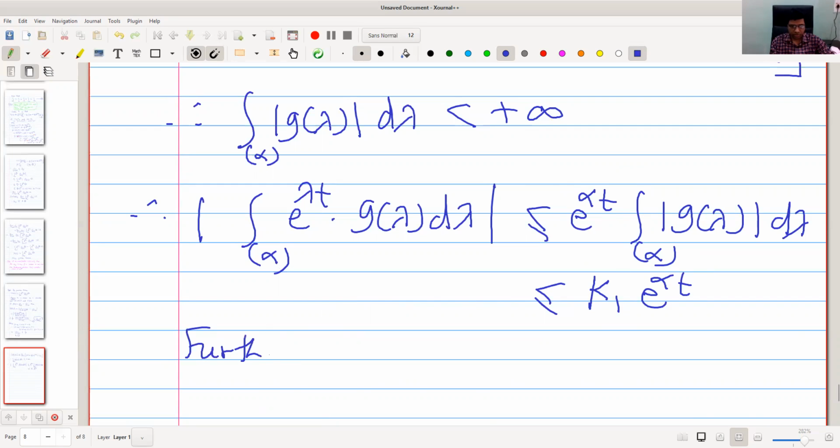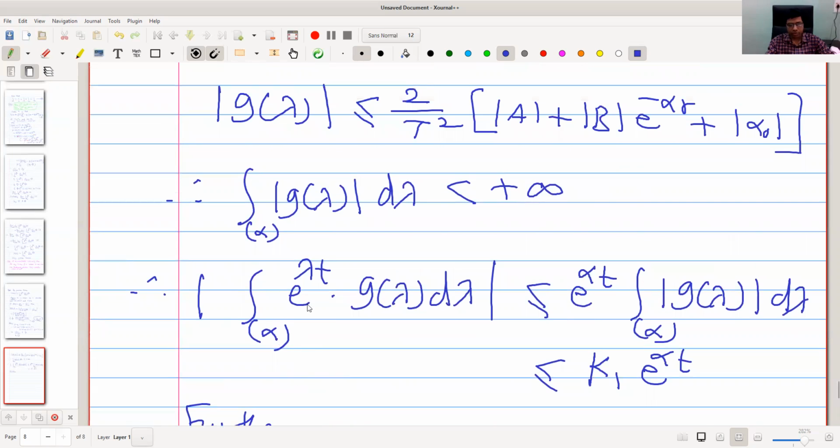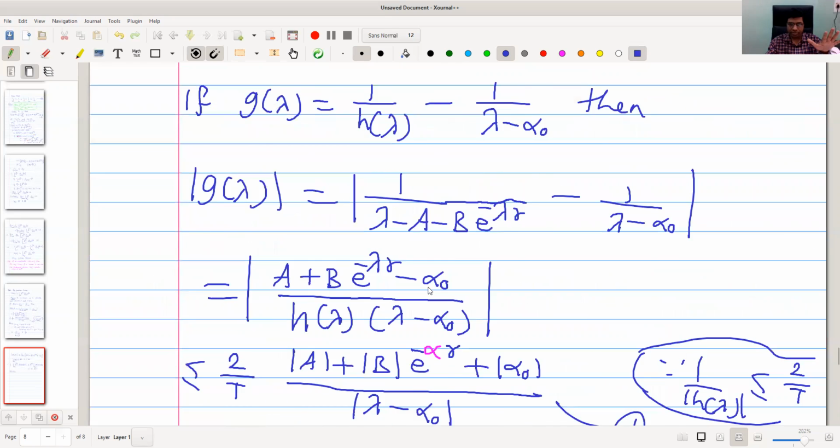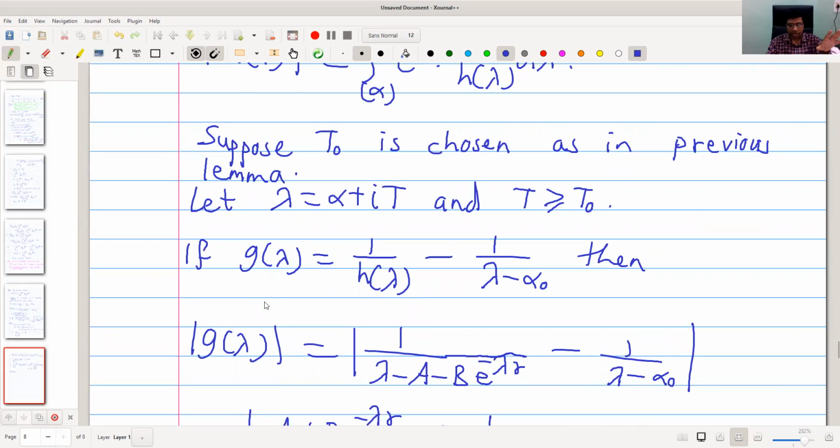Further, actually we are interested in the integral of the form e raised to lambda t into 1 upon h of lambda. But we split into steps. How do we write e raised to lambda t upon h of lambda? We write e raised to lambda t into 1 upon h of lambda minus 1 upon lambda minus alpha 0 plus 1 upon lambda minus alpha 0. So we are adding and subtracting this term 1 upon lambda minus alpha 0.